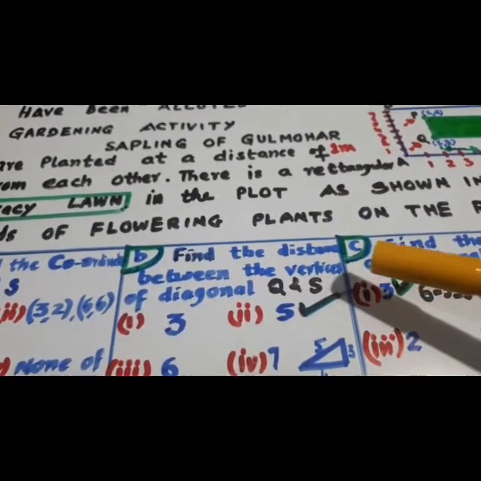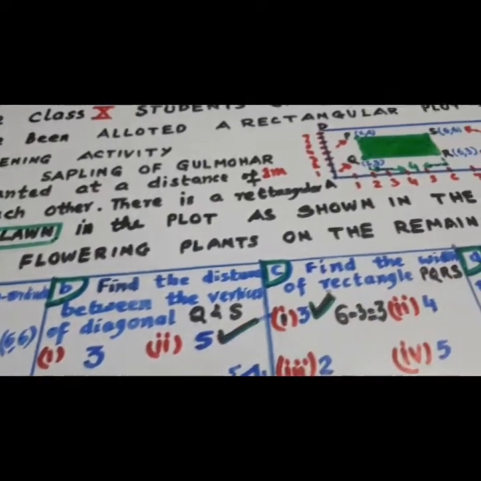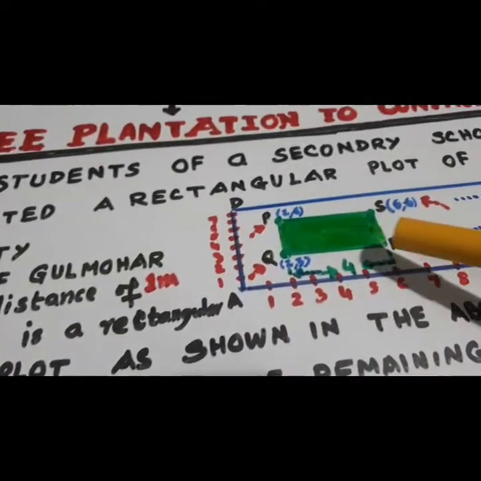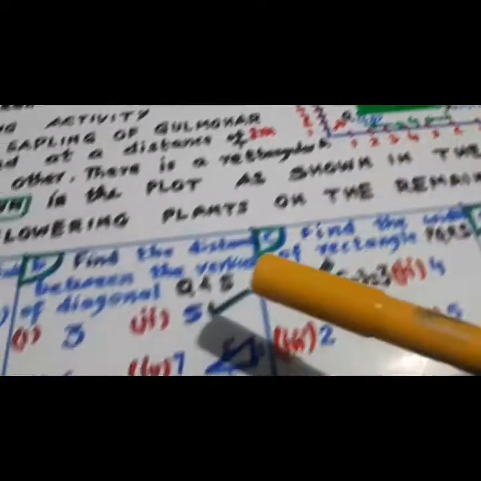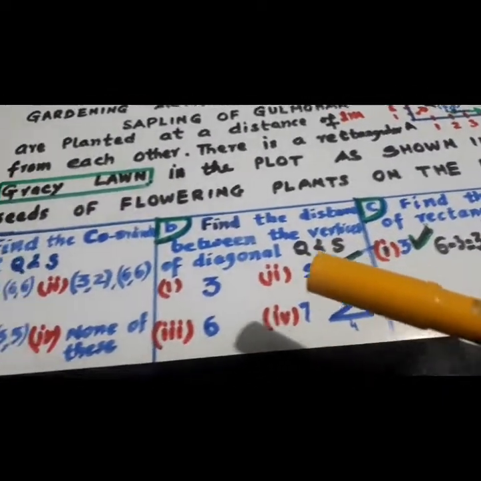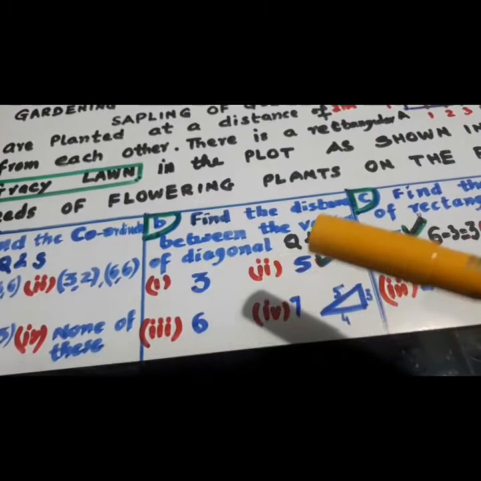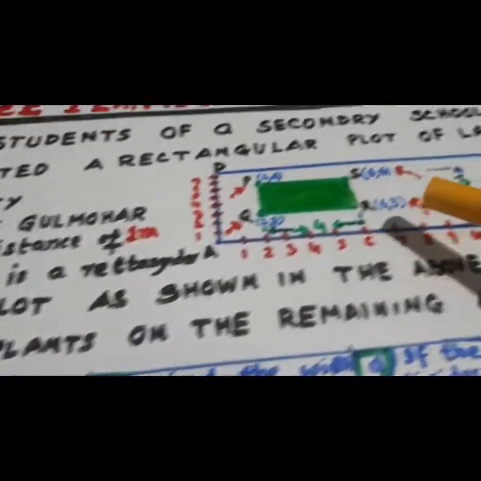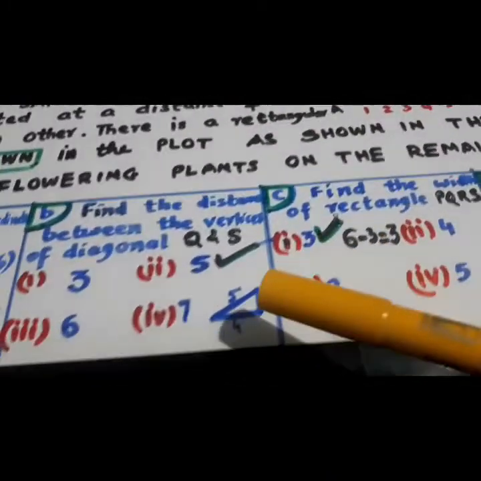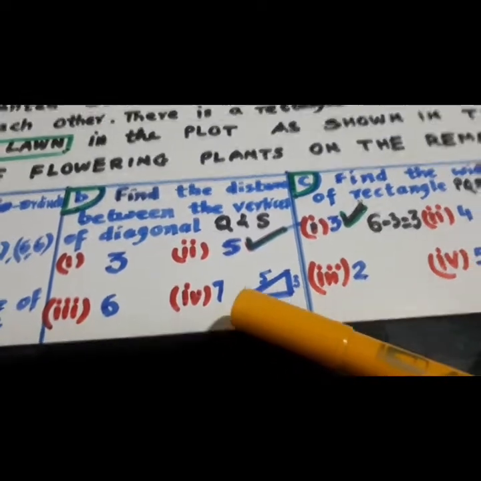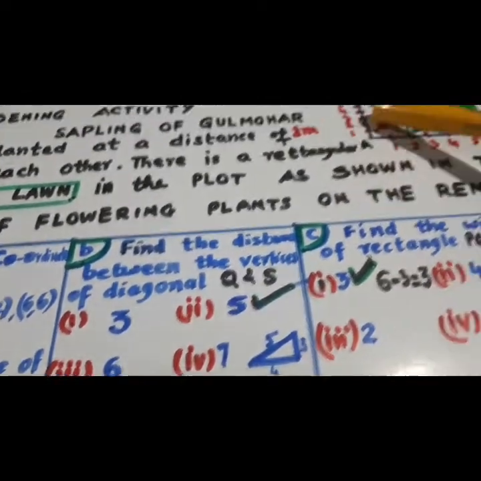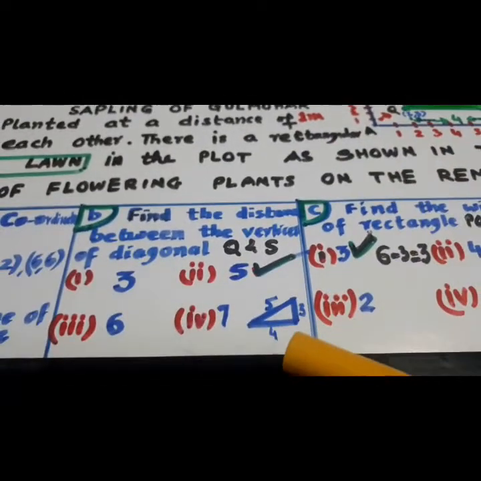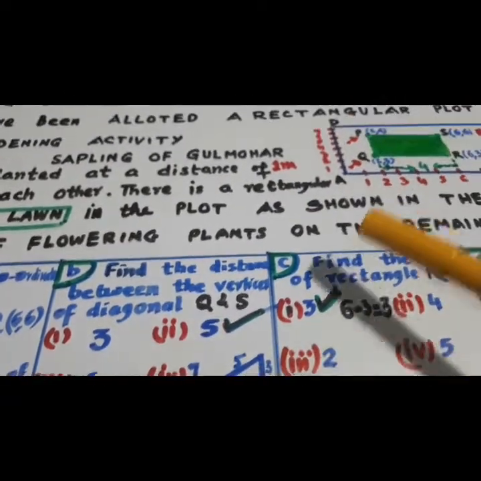Now find the distance between the vertices Q and S. The vertices of Q and S are 2, 3 and 6, 6. You have to find the distance, so apply the distance formula. Now I have done it for you. The distance between Q and S can be found by applying the Pythagoras theorem.